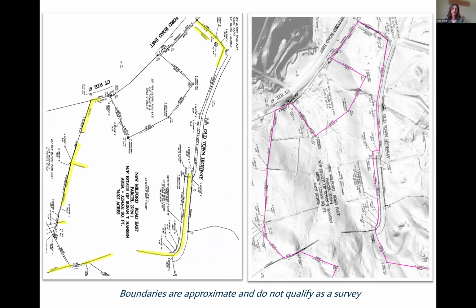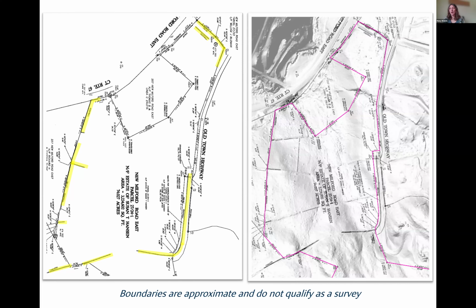Okay, so here's an example. I took our survey in the highlighted yellow, that's where stone walls are, that I used as points to pin this survey onto a globe. And then I traced those boundaries to create a pretty accurate map of our property. Again, this is not a survey.